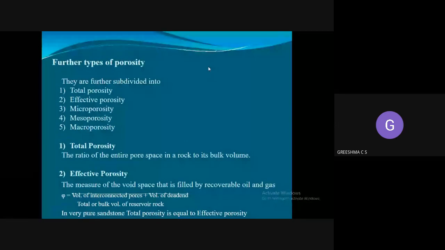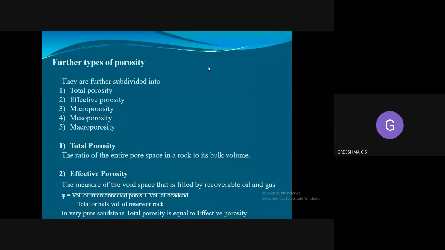We dig deep into the oil wells and take oil out. So oil wells basically means the rock mass contains oil or different types of gases. Effective porosity means the measure of the void space that is filled by the recoverable oil and gas.